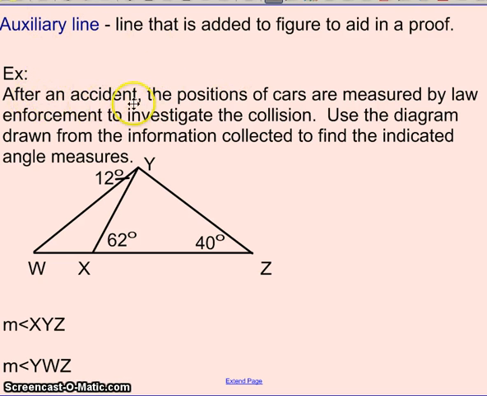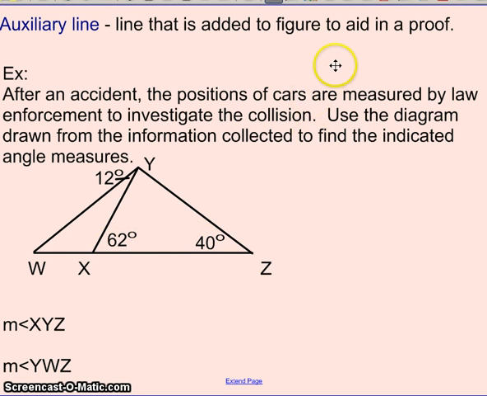It says, after an accident, the positions of a car are measured by the law enforcement to investigate the collision. Use the diagram below from the information collected to find the indicated angle measures. So we're supposed to find x, y, z. Well, in this particular triangle here, we are given 2 of the angle measures.